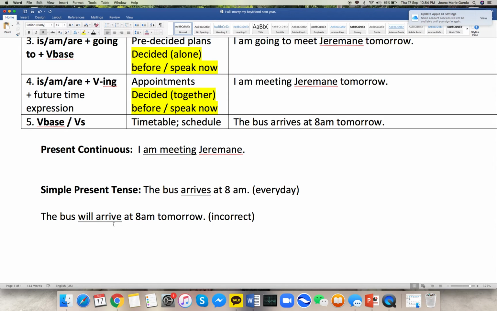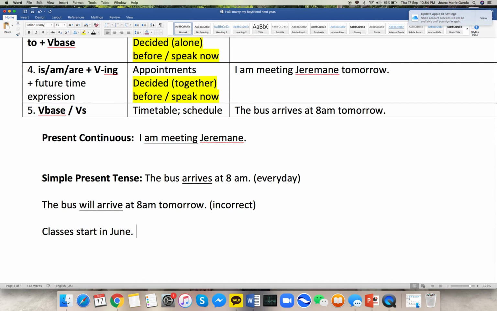You have to change the subject into a person who will do the action. The same thing with this one, classes start in June, for example. We don't say classes will start in June. You can normally see this in tarpaulins, in announcements, or on bulletin boards, so you can see that sentence.